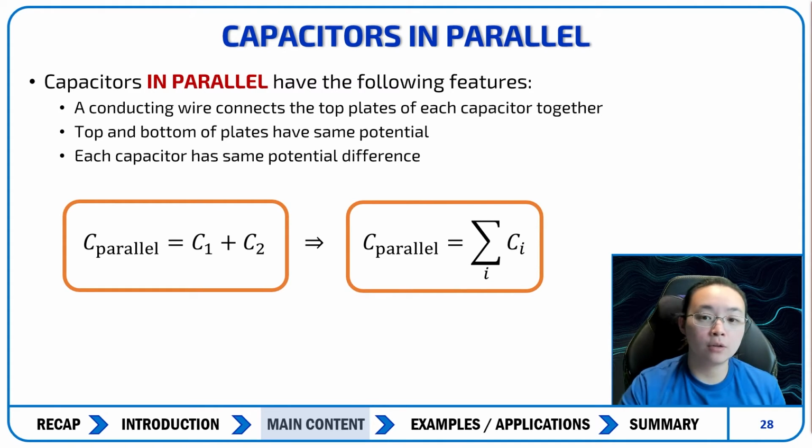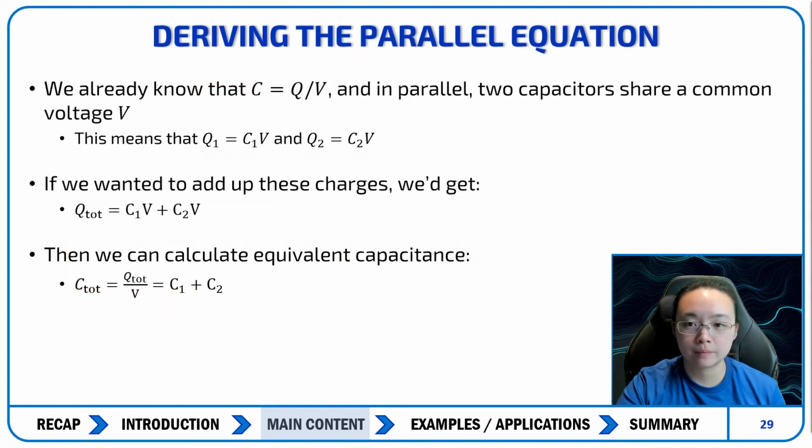Now, let's take a look at what is required to derive this equation. So we already know that C is equal to Q over V, and in parallel, two capacitors will share a common potential or voltage. So that means Q1 equals C1V and Q2 equals C2V. So V is the same for both.